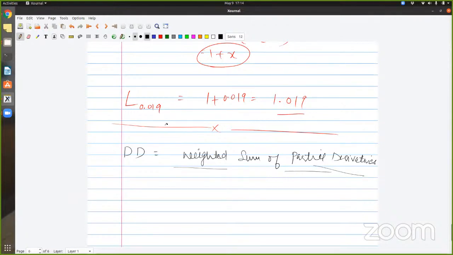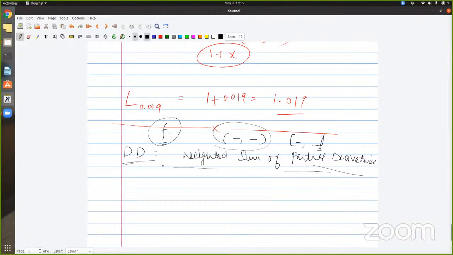So let's say there is a function that is given and you have to compute its directional derivative at a given point. Of course, that point will be given. Since it's a directional derivative, a direction will also be given. In that direction, we have to compute the rate of change of this function f at a given point.